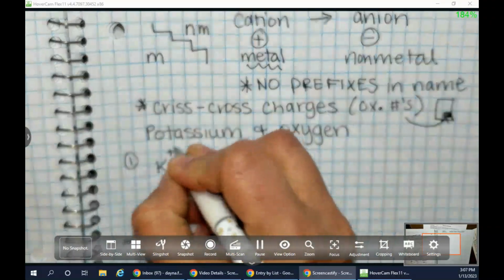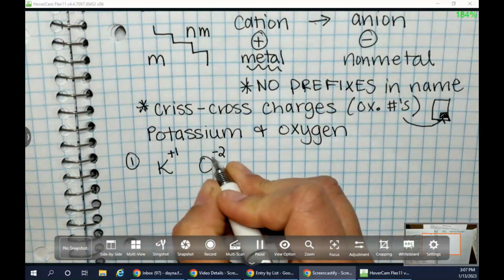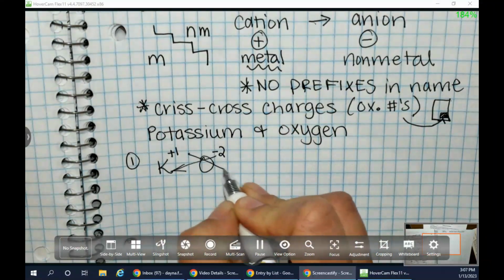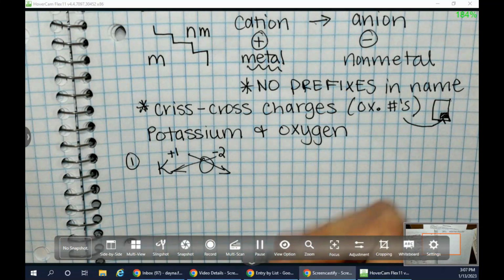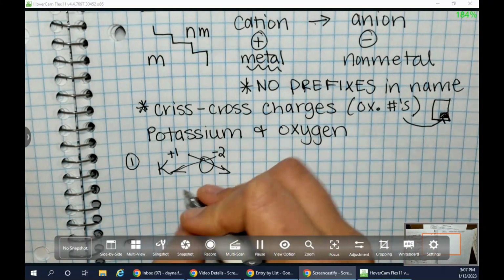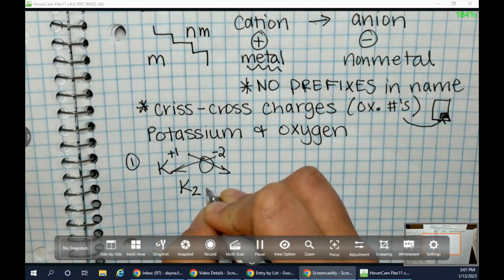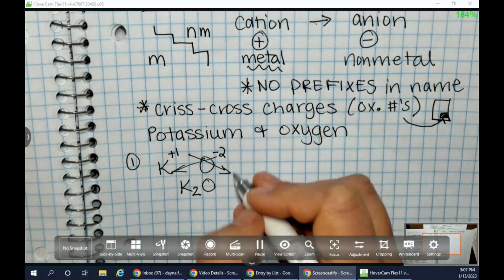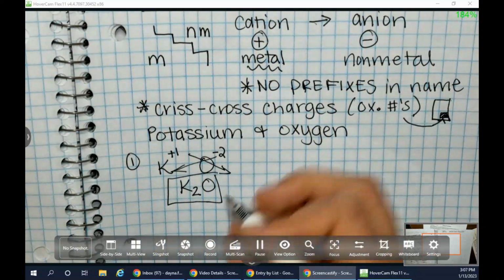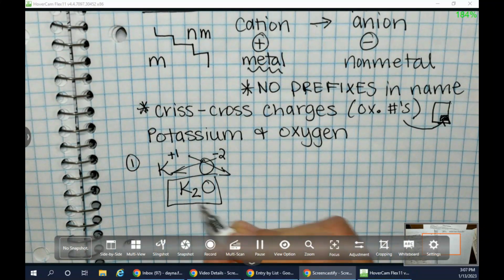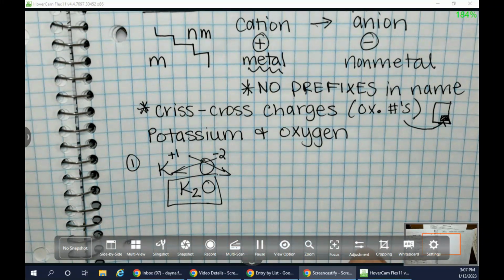Once I get those, I'm going to take those two values and I'm going to crisscross them to come up with my final formula. That final formula is K2O, meaning I'm going to have to draw 2 potassiums and 1 oxygen.